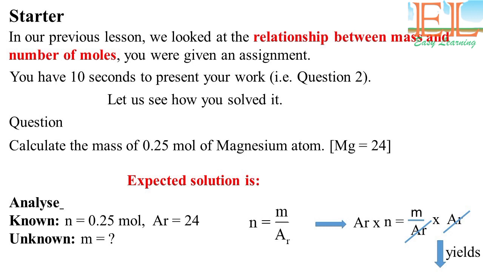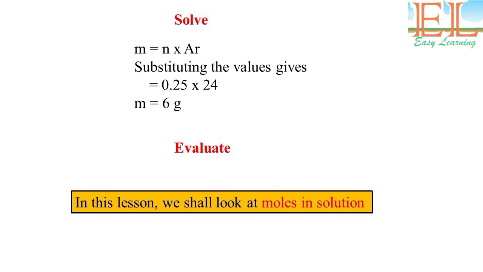And when we do that, the expression is what is seen on your screen. Now, you will see that Ar is appearing as numerator and denominator in the expression. So they will cancel out, leaving the expression to be lowercase m is equal to lowercase n multiplied by Ar.